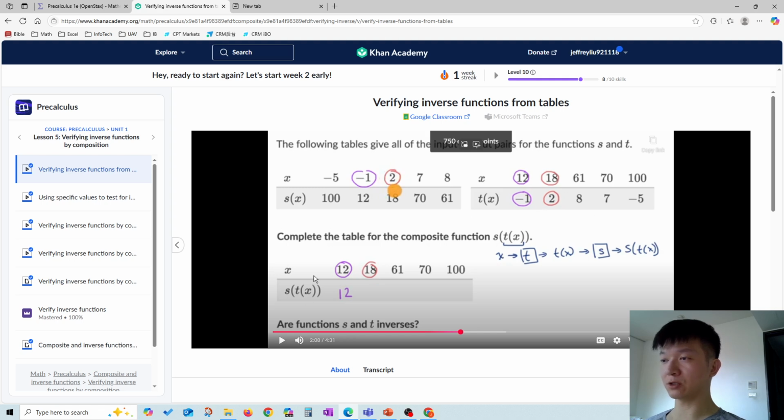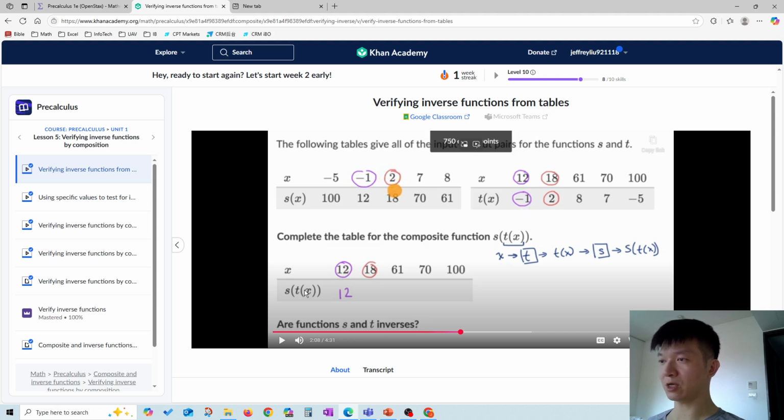So for the composite functions, you're going to go with the inside. You deal with the inside first and then out, right? So you go over to your t of x, which is this table right here, and you find your 12. What does that correspond to? That's -1.